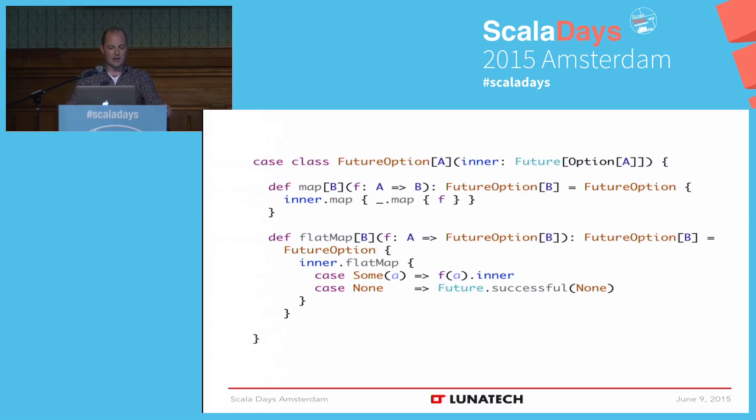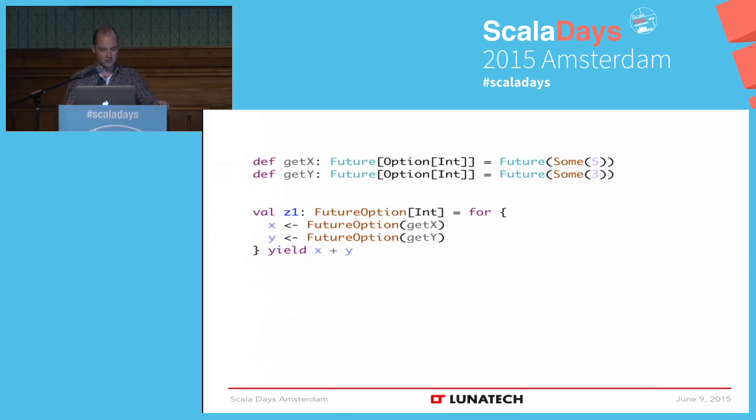And given that we now have a thing that has a map and a flatMap method, we can use this in for-comprehensions, because for-comprehensions work on anything with map and flatMap, like I said. There's no trait you need to implement. There's nothing. As long as you have a map and flatMap method, it will just work.